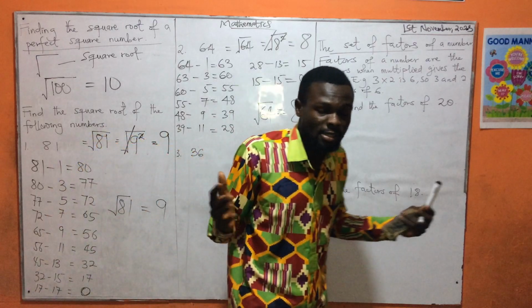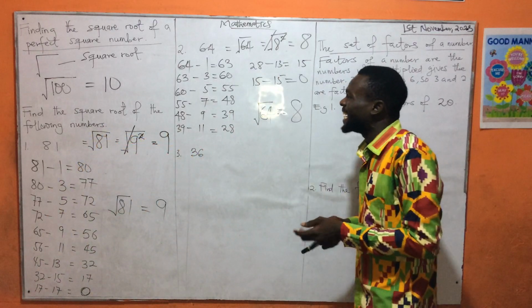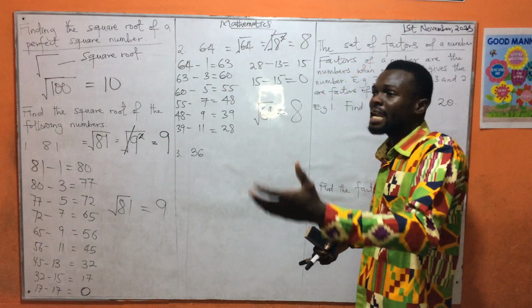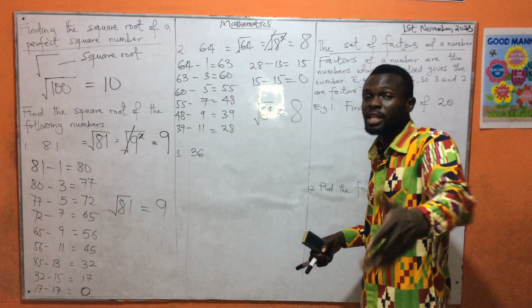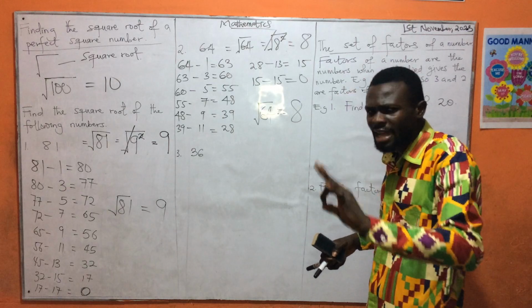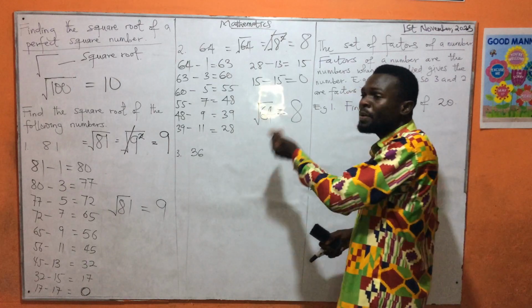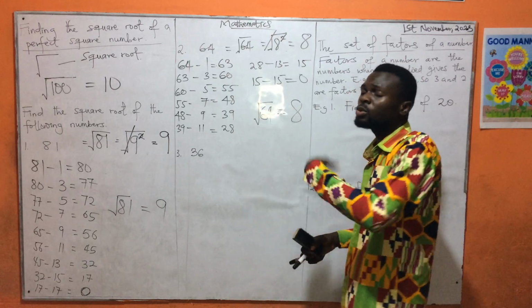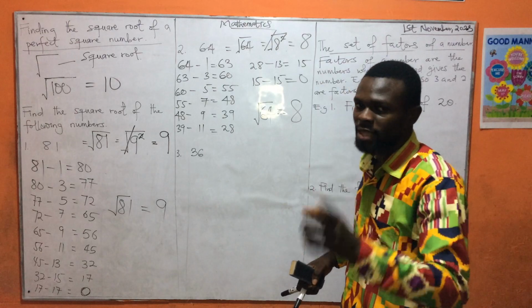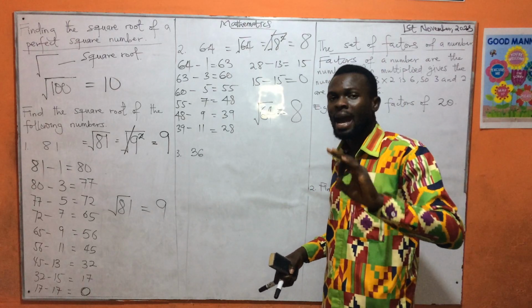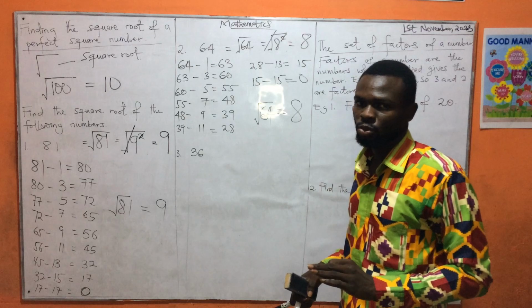As simple as that. So with the repeated subtraction method, we subtract the odd numbers from the number till we get 0.